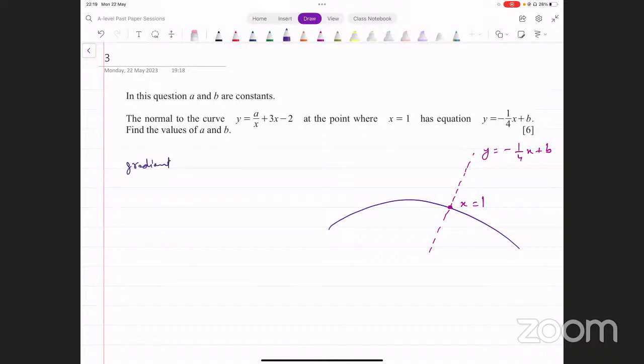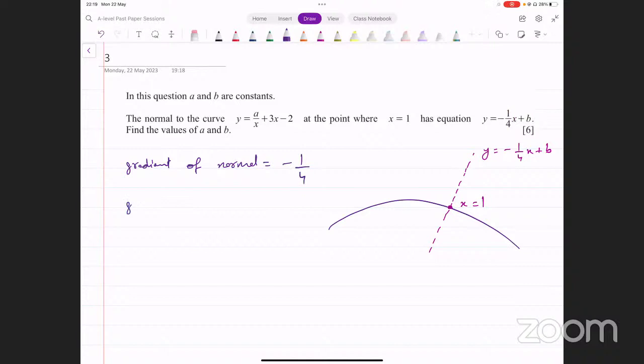We could say the gradient of the normal to the curve at this point, we can figure out what that is. It's a straight line, right? y equals minus 1 over 4x plus b. What will the gradient of a straight line be? Minus 1 over 4, the coefficient of x in standard form. So gradient of normal is minus 1 over 4.